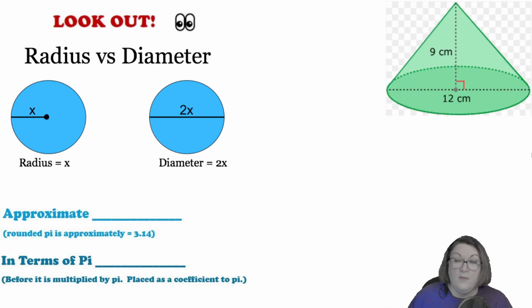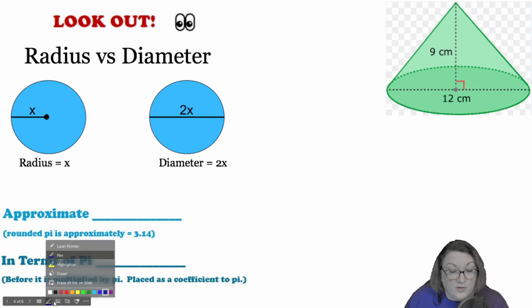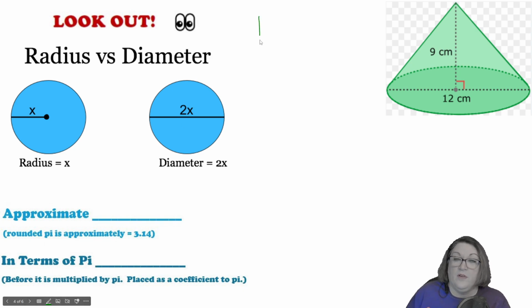So you might come up with a problem like this where they're giving you the distance all the way across. All the way across is not your radius. That's your diameter. So if your diameter is divided by 2, it will equal the radius.